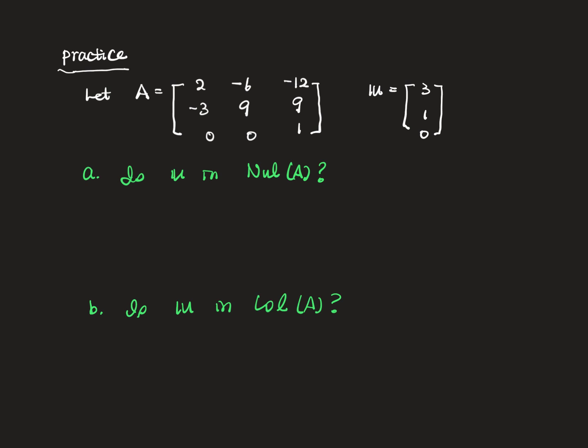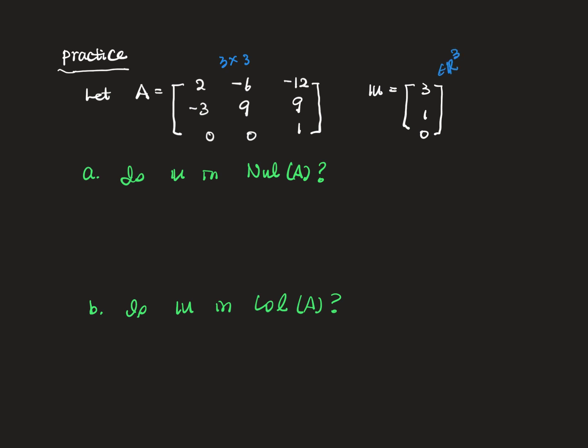This is a practice problem. We're going to combine two concepts in this practice question. They give the matrix A and they give a vector, right? The matrix A is going to be a 3 by 3 matrix, and this vector is in R3.